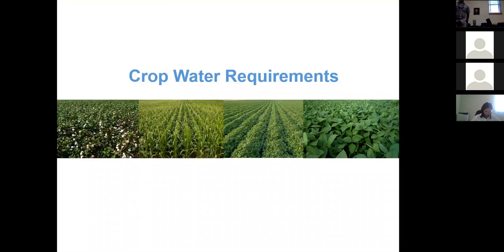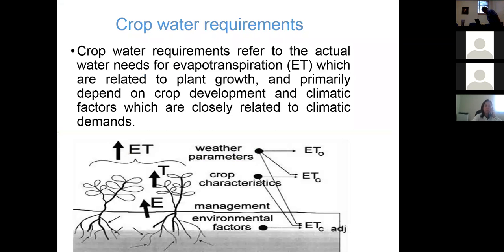Another thing we should know about is the crop water requirements, to know how to schedule our irrigation and how much water our plant needs. The crop water requirements refer to the actual water needs for evapotranspiration, which are related to plant growth and primarily depend on crop development and climatic factors.